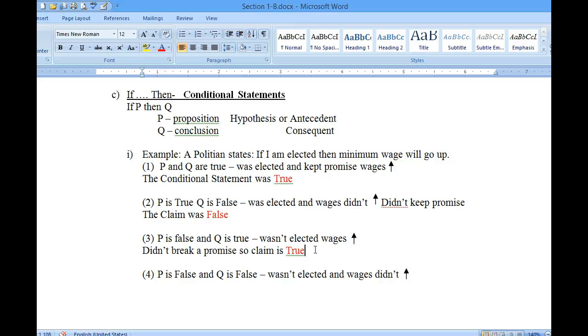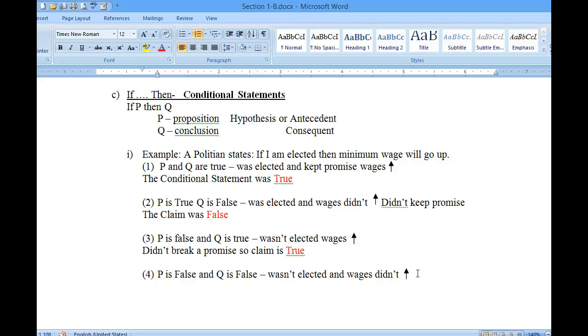Using the politician idea, if P is false, then the politician was not elected. And Q being false, then minimum wages did not increase. Is that the politician's fault? No, the politician wasn't elected. So we have no way of saying that they didn't keep their promise.